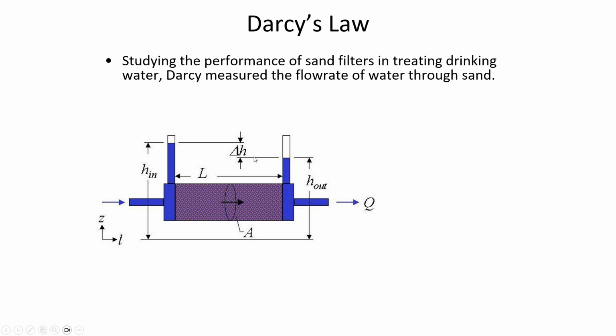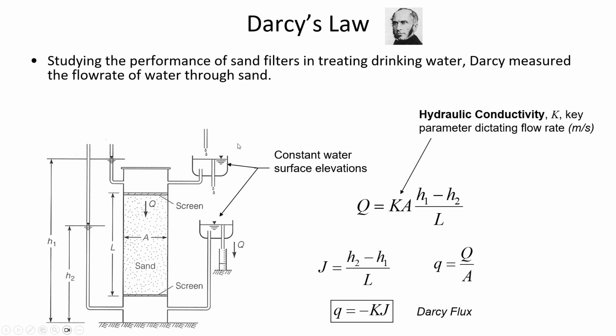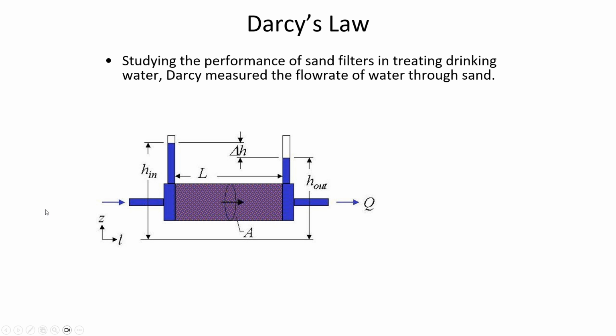So it's more immediately obvious that delta H is because of energy loss, but maybe sometimes people don't see it as quickly. So Darcy's law says that the difference in head divided by the length, multiplied by the cross-sectional area and this proportionality factor, hydraulic conductivity, will tell us how much water can be expected to flow through that soil column.